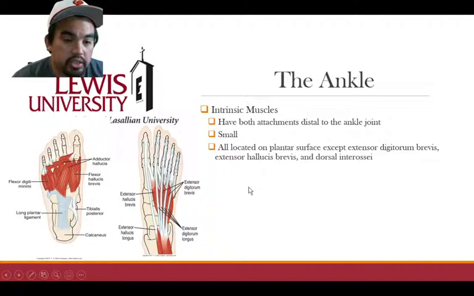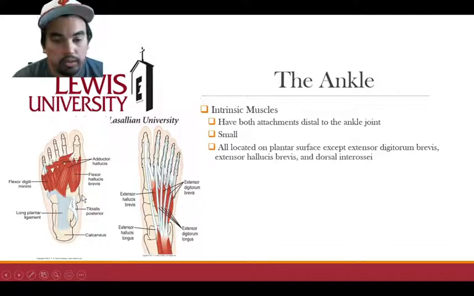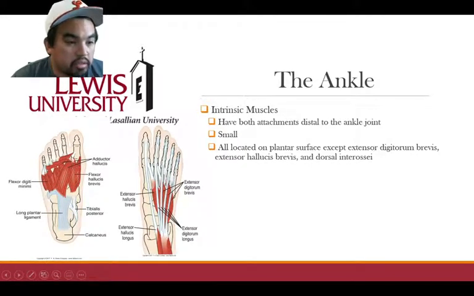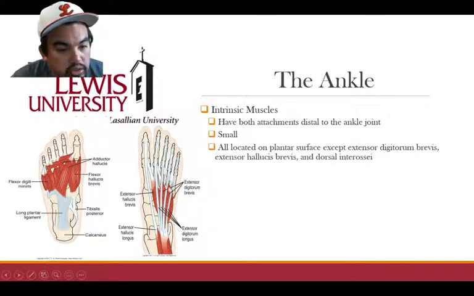And then we have these intrinsic muscles. I want you to know every single one of them. I'm just kidding. I don't want you to know any of them, honestly. Just know that they're there, okay? So you have these adductor muscles on the meat of your foot underneath here. You have your flexor hallucis brevis, flexor digiti minimi here, your plantar ligaments here. You see just how there's so many tiny little muscles within that.